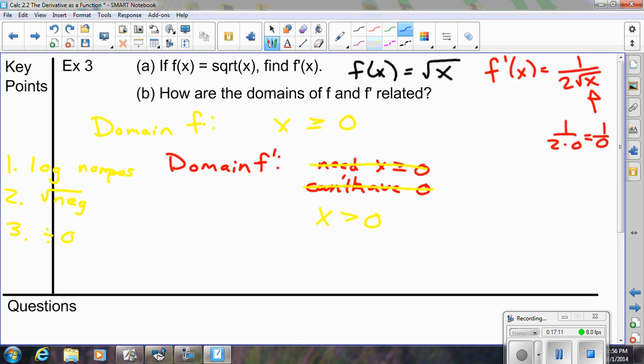In fact, it is incredibly common that when you take a derivative, you are going to lose domain values, and the domain of the derivative is going to be even smaller. Because keep in mind, the derivative is slope. And we could have an issue where a slope becomes infinite. If you have slope being infinite, even if the function makes sense, the derivative won't. That's actually what happened in this particular problem.